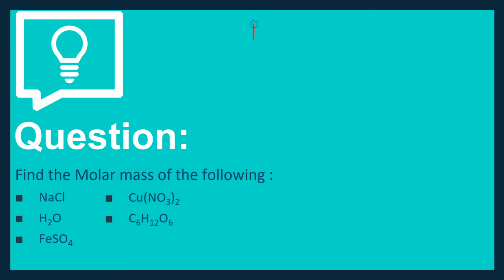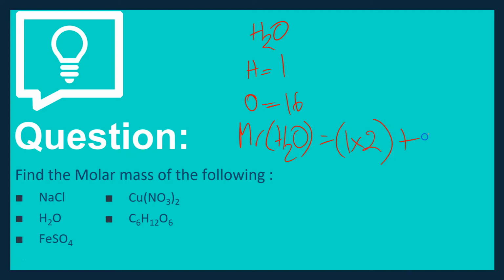Okay, so let's jump in to the next one, and that is water, H2O. So H2O up there. So we need to know what the mass of hydrogen is, what the mass of oxygen is, and then we're going to work out the molar mass of water. So hydrogen is 1 and oxygen is 16. So down here, what I'm going to do is in brackets, I'm going to say, okay, hydrogen's 1, but I have 2 of them, so I need to multiply that by 2, and I'm going to add that to 16 for oxygen.